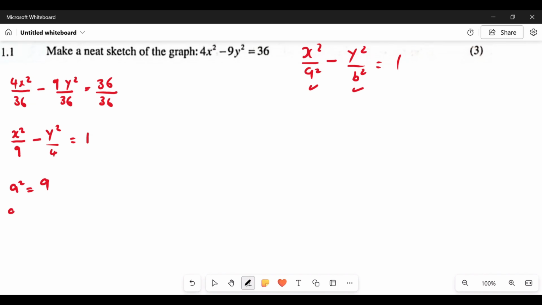So when we're looking for a, we have to square root both sides here. So a is going to be plus or minus 3. And as for b squared, it is equaling to 4, because 4 is dividing y squared. So when you're looking for b, we square root both sides. We know that b is going to be plus or minus 2.